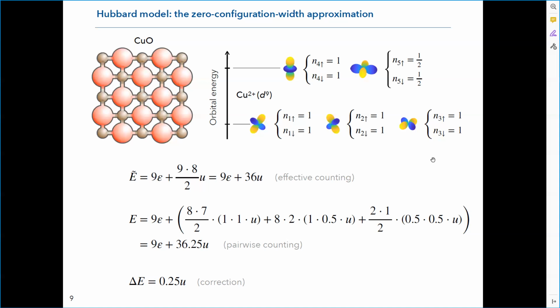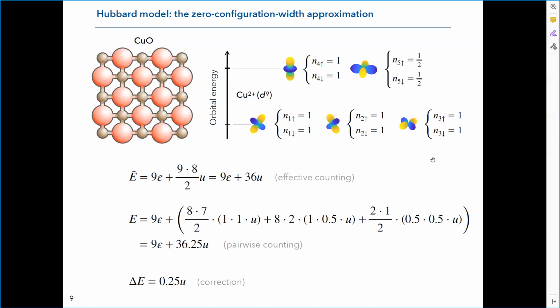And how many half spin pairs you have? That's only 1 pair. As a result, you see you have a slight difference that is of 0.25U. That is the difference between the effective counting, like you do in density functional theory, and the more refined pairwise counting of the electron interaction. And so the correction will be a quarter of U in that case.